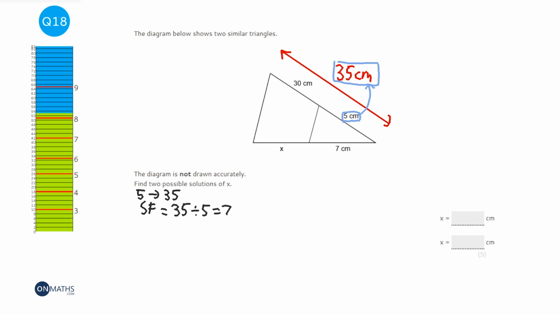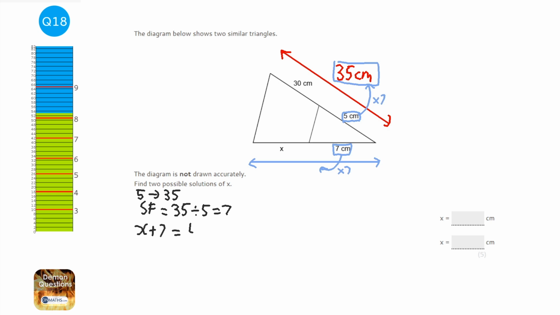So therefore this one here, to go to the larger length, we're going to times that also by 7. So if this one times by 7, then this one will times by 7. So that will be 49. So x plus 7, the whole length, would be 49. So to find x, it's just going to be 7 less than that. So it's just going to be 42. So x is definitely looking like it's 42.